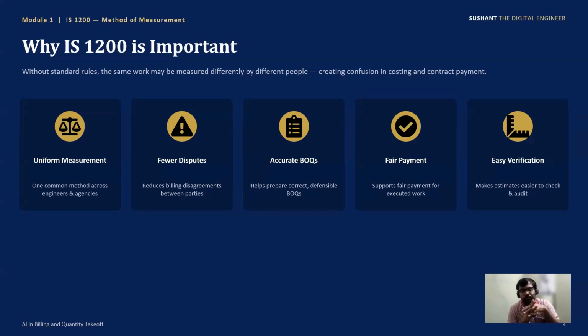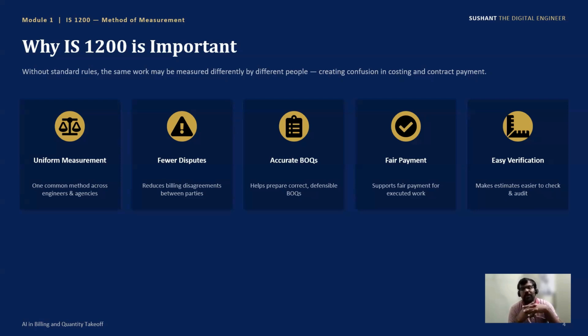Then accurate BOQs. Of course, this is a very important part. A 5 to 10% difference is permissible or allowable, but if it is more than that, it will create chaos. This helps prepare a correct and defensible BOQ. Then fair payment. Fair payment means that if the BOQ is correct, payment should be paid to that particular contractor correctly.